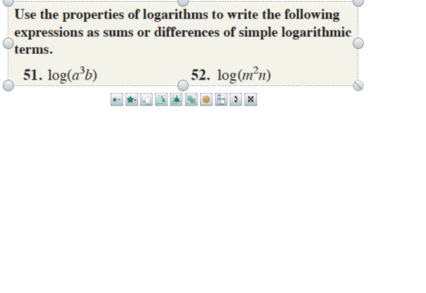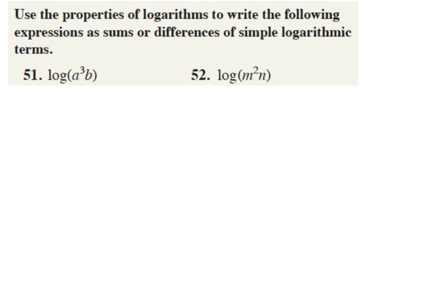Now we're going to take things that are already one log term and expand them out so they're basic log terms. So I can take something like this where this is basically just multiplied together. So this will turn into log of a cubed plus log of b.